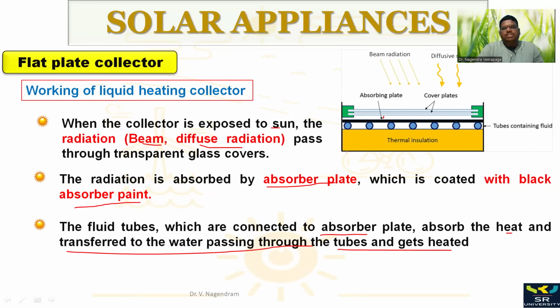Suppose cold water is entering here, it will transfer heat as the water moves from one tube to the other tube. So the heat will be transferred to this water through the tubes. That water gets heated.